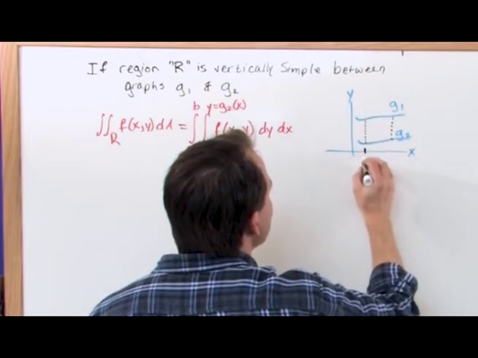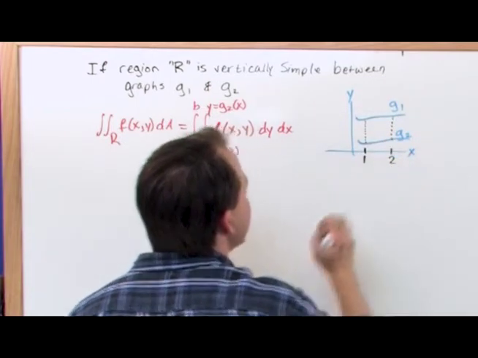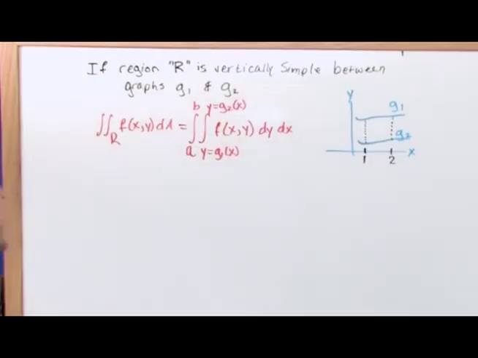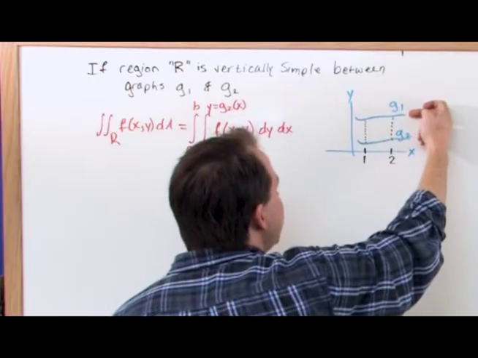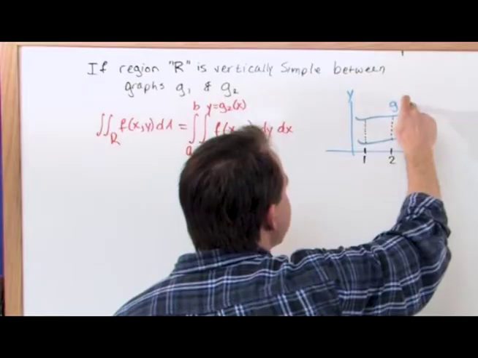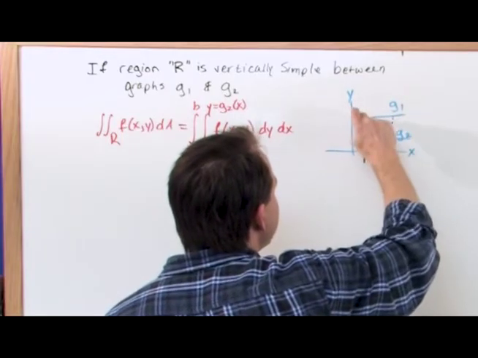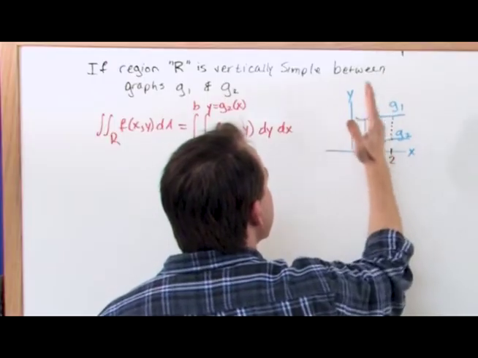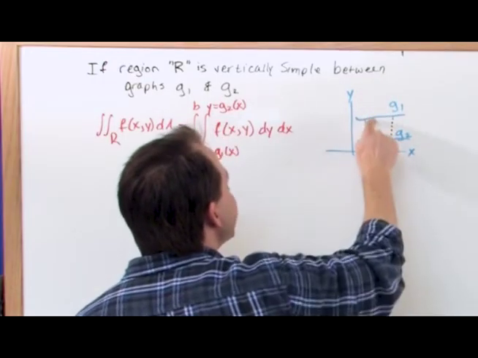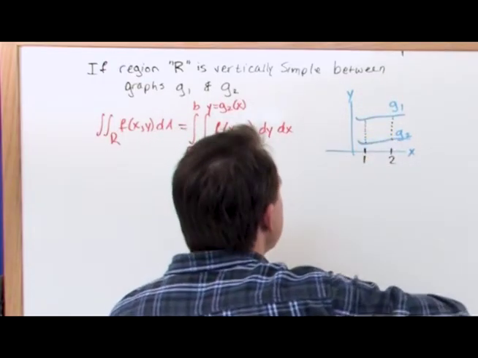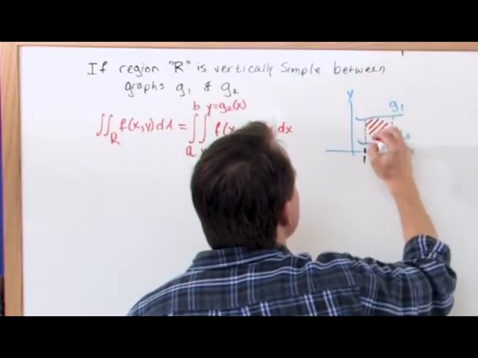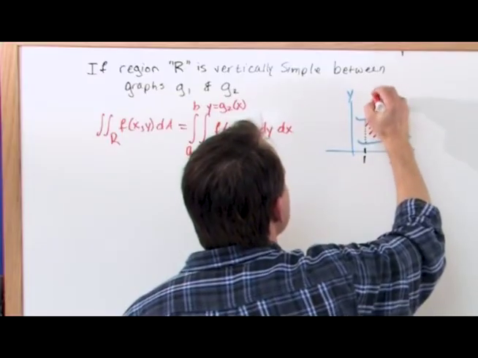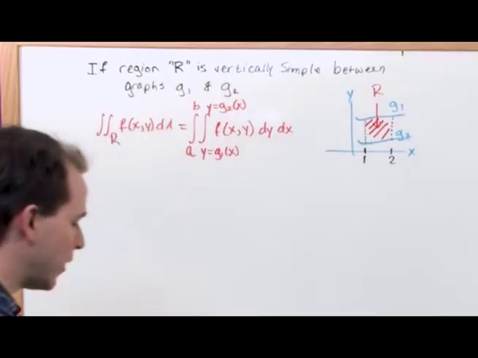This dotted line was at x equals 1, and this dotted line was x equals 2. So by using a function g, which is y equals a function of x, which is this function right here, and another function below it, and two fixed values of x, 1 and 2, I can define a region here. This region is the region R. That's the region I want to integrate over.